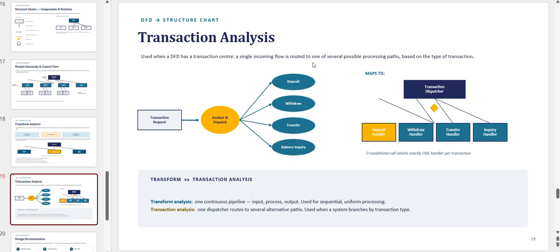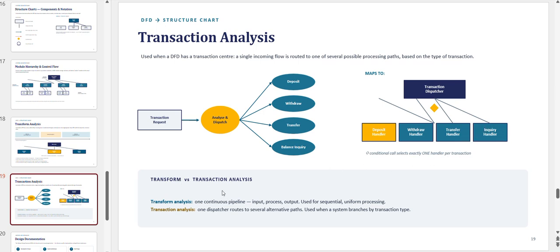These are the four main types after analyze and dispatch. Then it maps to a transaction dispatcher. It will do deposit handler, withdraw handler, transfer handler, and inquiry handler.